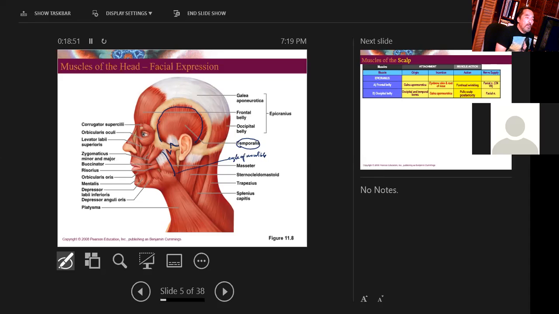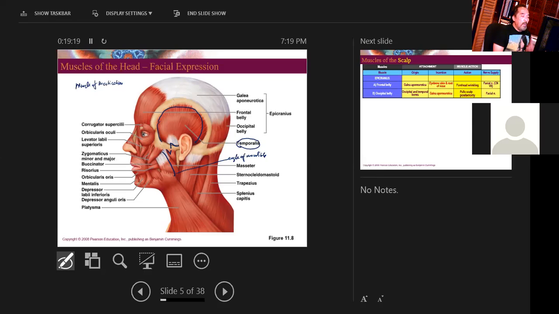But the temporalis muscle and your masseter muscle are the muscles of mastication, or muscles for chewing. There are two more that will be seen later on, once we take off the mandible, you can see the two muscles inside. But definitely, these are your muscles of mastication, the temporalis and the masseter.